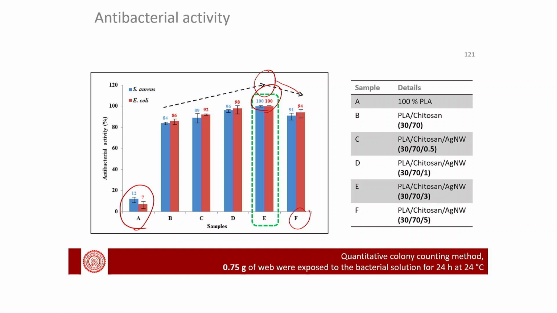So, we can use a maximum of up to 70% chitosan. So, we found around 84 to 86 antimicrobial activities.